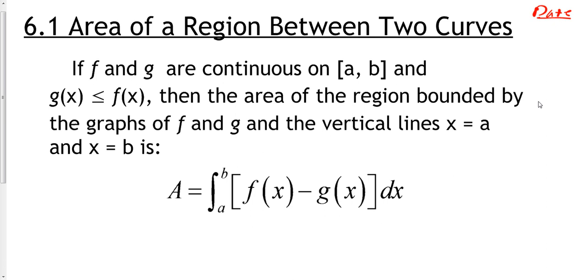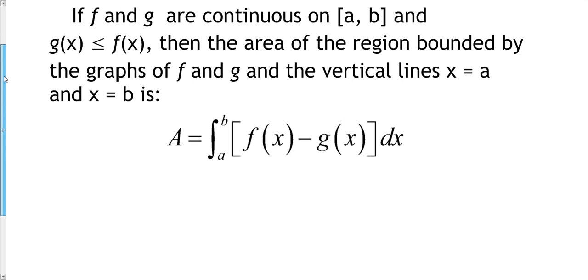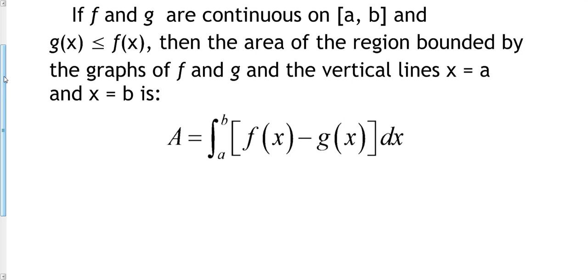So here's the big idea. You've got basically two functions. This is a lot of math talk, but you've got two functions from 2 points, from here A to here B. That's where these functions are starting at. A and B are just x values. We've got one function, g of x, that's a lower function.